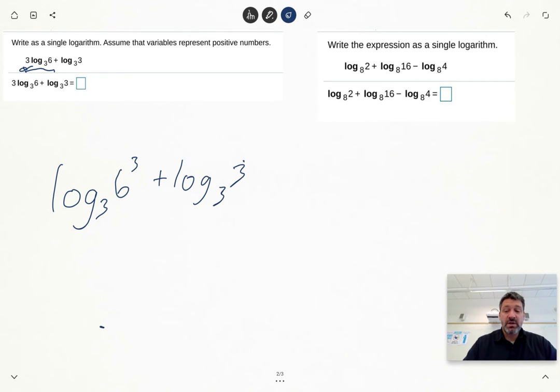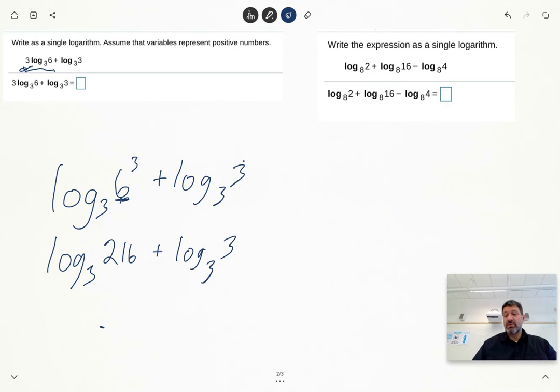So 6 to the third power would be 6 times 6 is 36. Let me just use my calculator here. It's early. Okay, 216. So if I take this 6 to the third power here, that would be the log base 3, but 6 times 6 is 36 times 6 more is 216. And then plus log base 3 of 3.